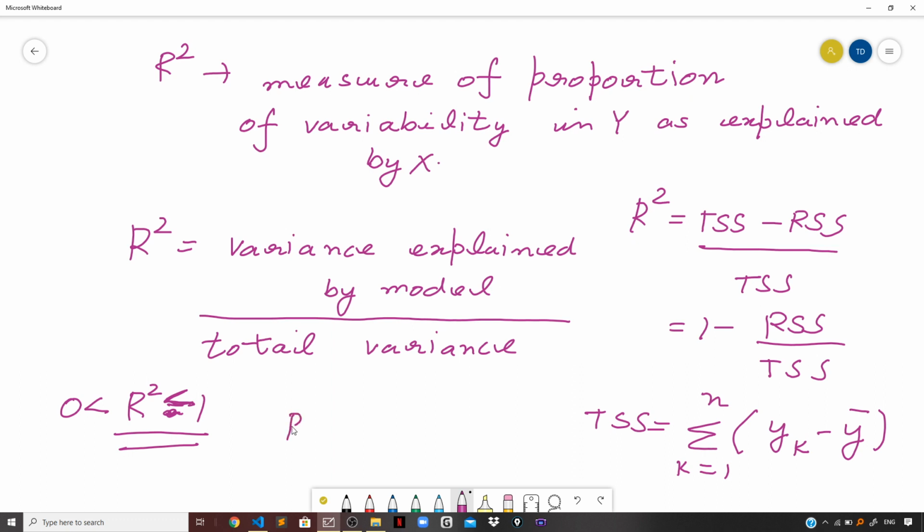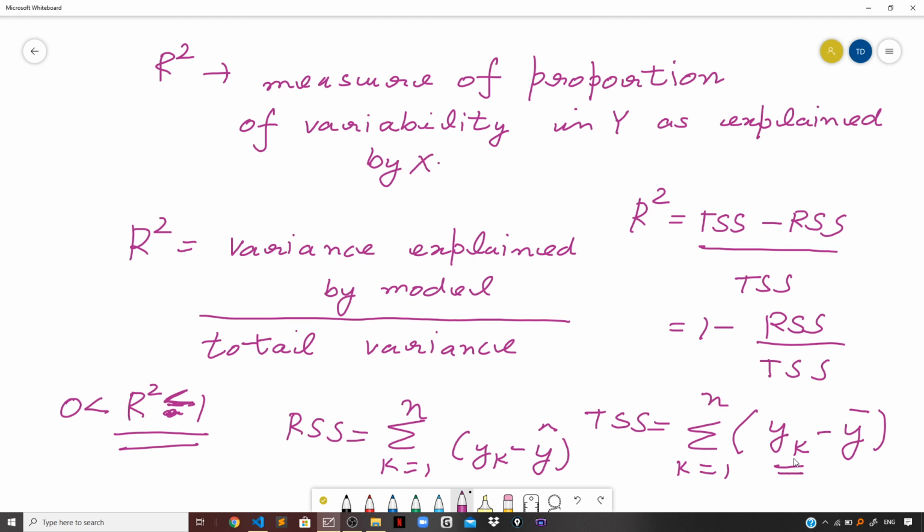And then RSS, we already know, is the summation from k=1 to n of (yk minus y cap). As you can see, in TSS we are finding the difference between the actual value yk of our output variable and the mean of the output variable, and in RSS we are finding the difference between the actual value and the predicted value of the output variable, which we have already discussed before.